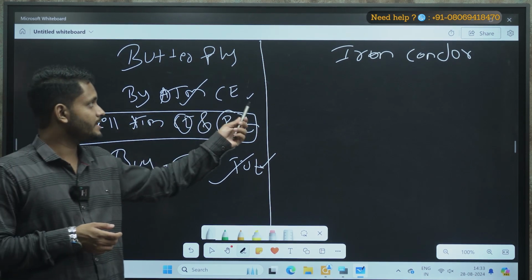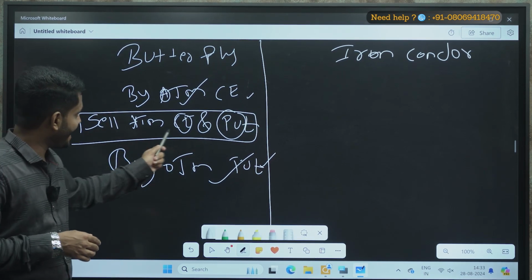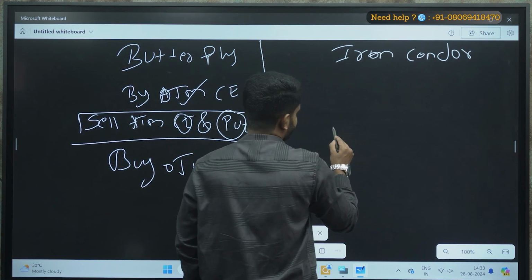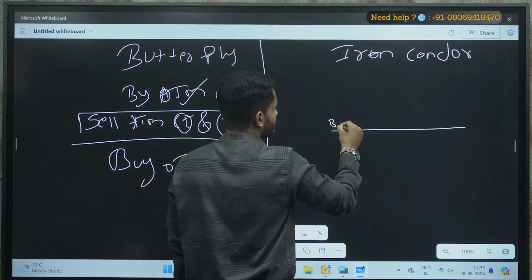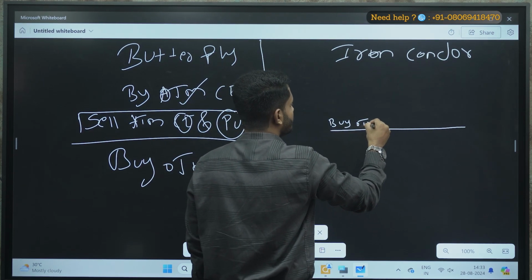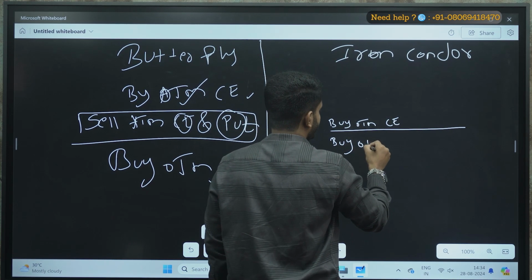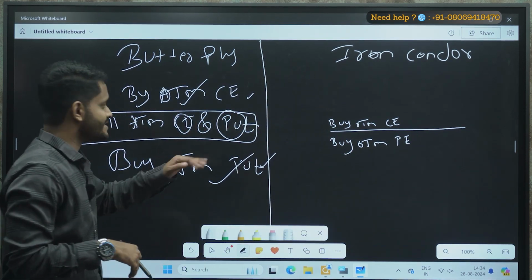Now what is the difference between a butterfly and an iron condor? In butterfly we sell ATM call and ATM put, but in case of iron condor, say this is the current market price, I will buy a slightly OTM call and a slightly OTM put. Now again, this is more or less a strangle.